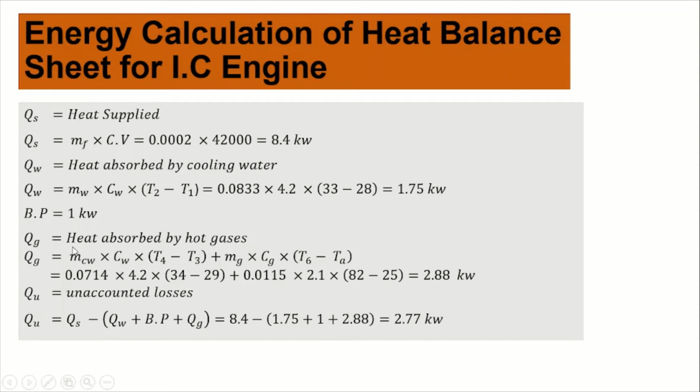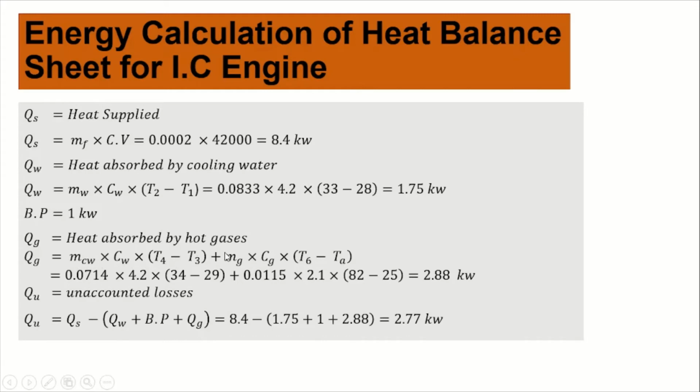Here is the heat absorbed by the hot gases with the help of the calorimeter. In the calorimeter we supply cold water to absorb the heat. Here we use the water flow rate, specific heat of water and the temperature difference.